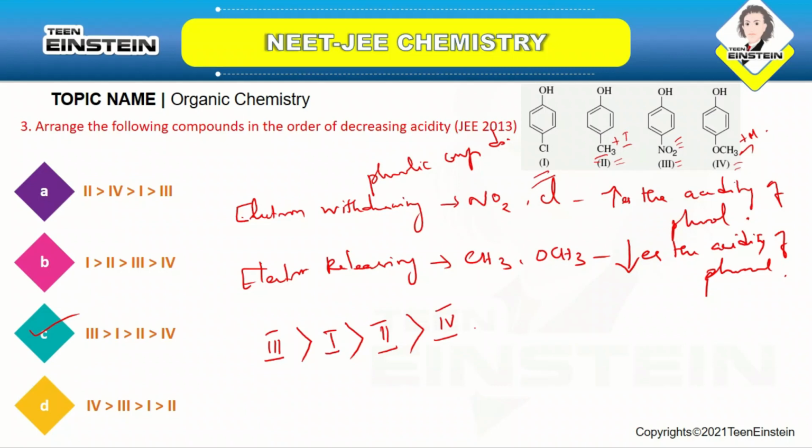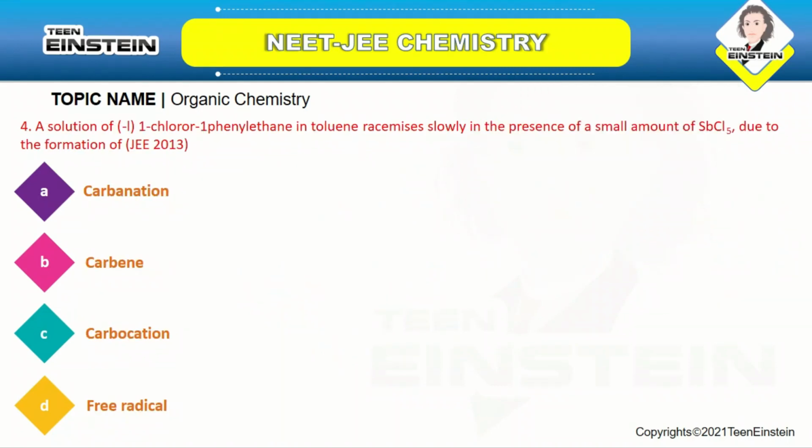Next, move on to the fourth question. A solution of levo 1-chloro-1-phenyl ethane in toluene racemizes slowly in the presence of a small amount of antimony pentachloride due to the formation of what? So here we want to find out the intermediate.